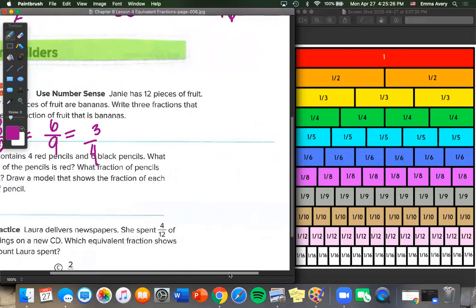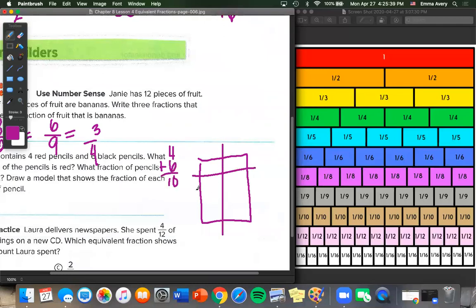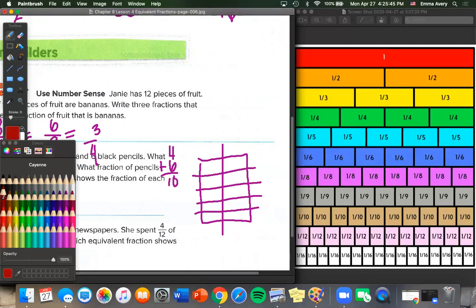So I'm going to draw a box over here. And we know that there are 4 red pencils and 6 black pencils. So 4 plus 6 is 10. So I need to have 10 spots. So 1, 2, 3, 4, 5. And I need 4 red pencils. I'm going to color 1, 2, 3, 4.